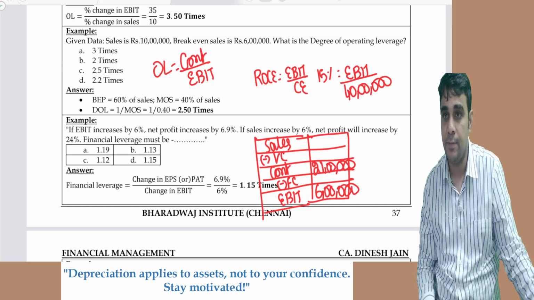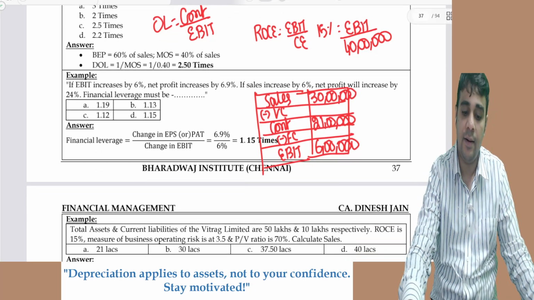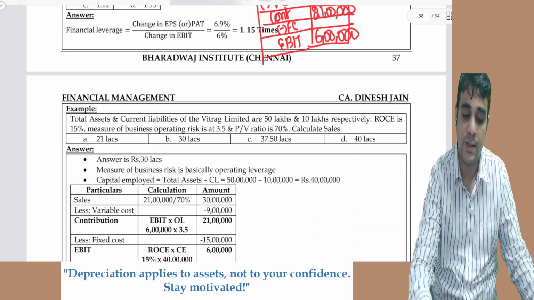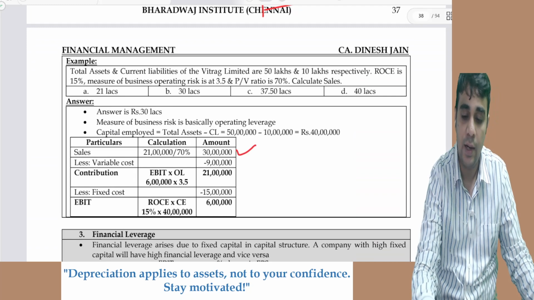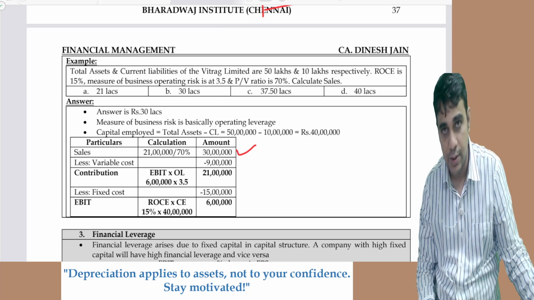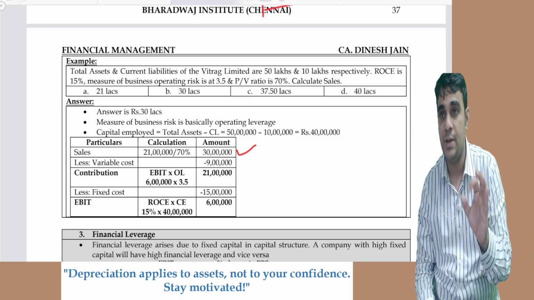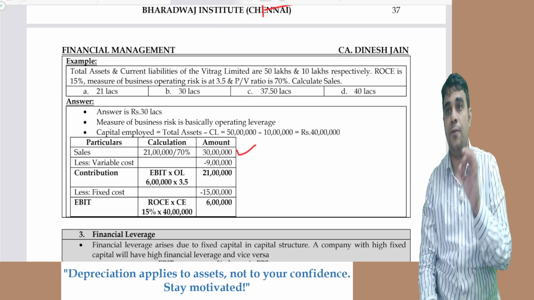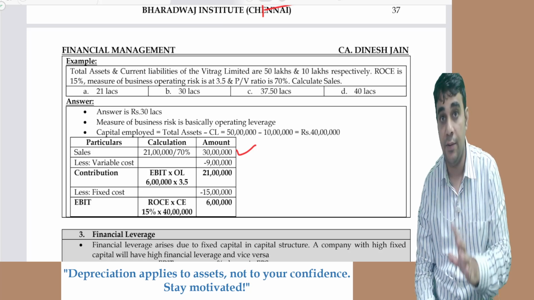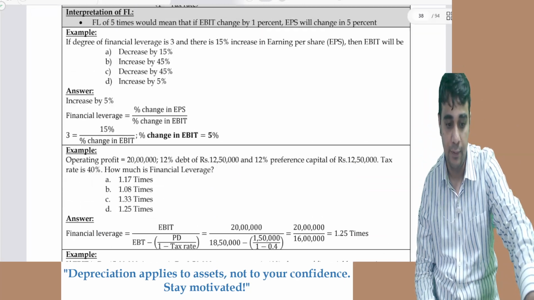What is the sales number? A slightly tricky example. Sales is 30 lakh. You can handle this only if you have an understanding of ratios, marginal costing, and what business operating risk is. Operating business risk means operating leverage. Financial risk means financial leverage. Total risk is combined leverage.